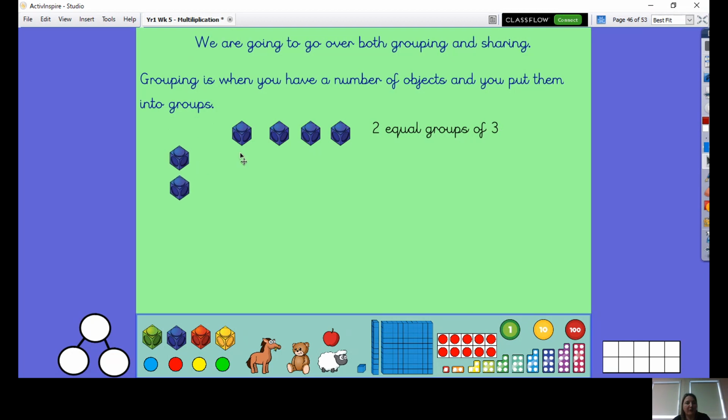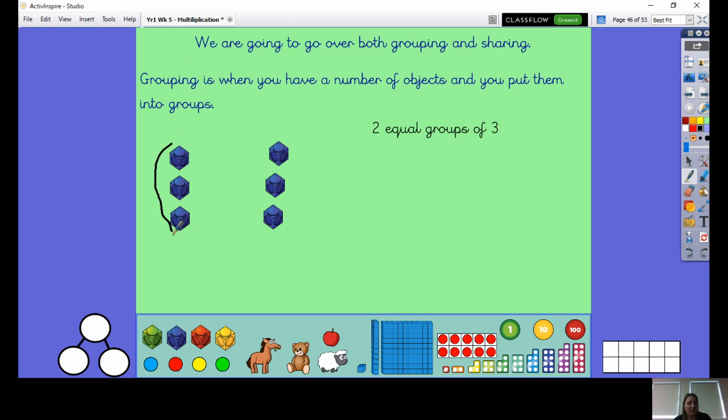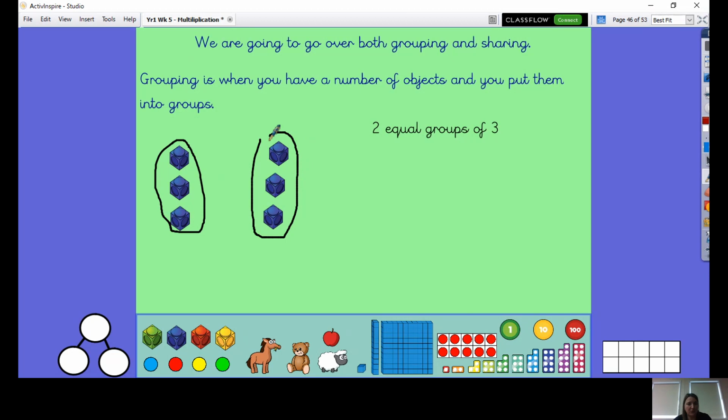That means I've got 3 in one group and 3 in the other group. So this is my 2 groups, 1, 2, and I've got 3 in each one. That's where you're making the groups. I had 2 groups and I had 3 in each group.